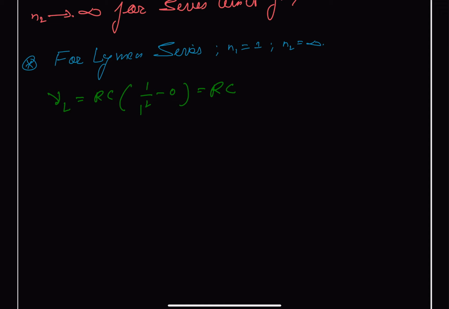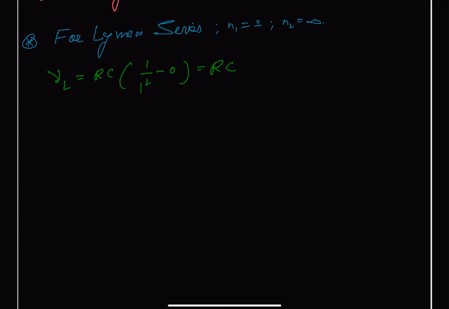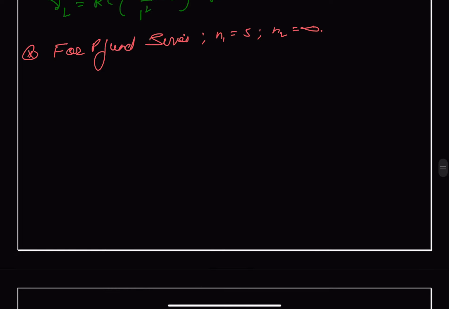Similarly, we can write the equation for the Pfund series. Here the N1 value is 5 and N2 limiting value is infinity. Let us call this frequency nu P. So nu P will be equal to RC times 1 upon 5 square minus 0.